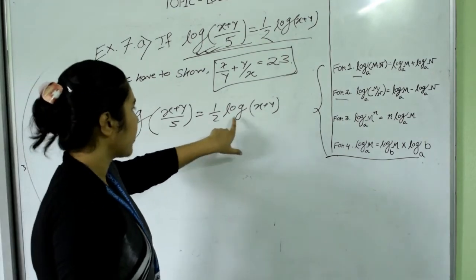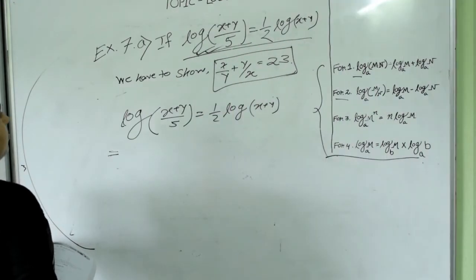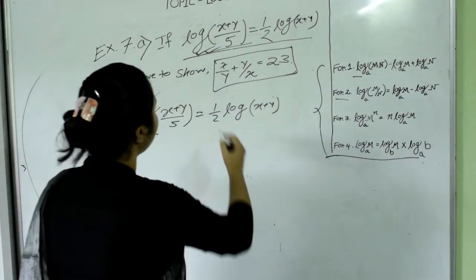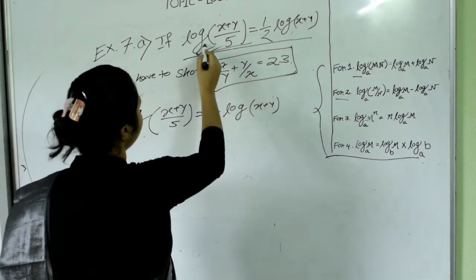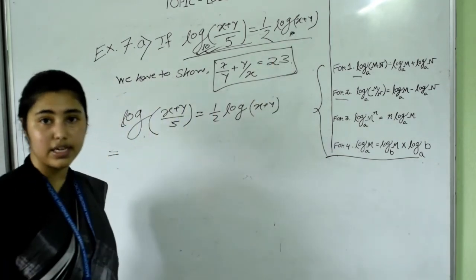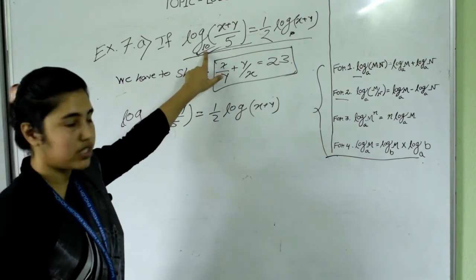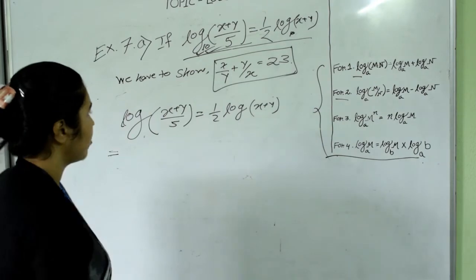Now look at here, log x plus log y. If we don't have anything as base, we can assume the base as 10. So if there is nothing given as base in your equation, you can assume the base as 10.